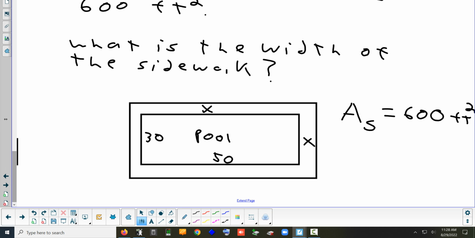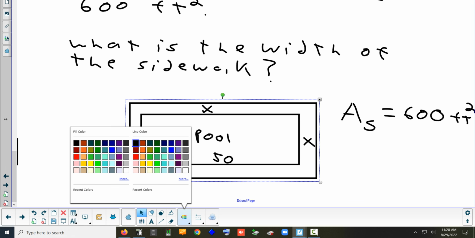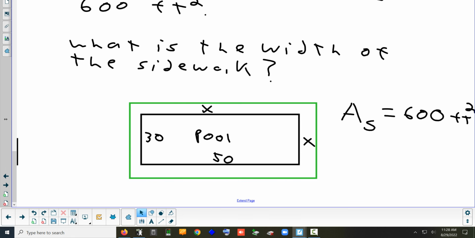All right, so does anyone have an idea how I could find the area of the sidewalk? And I want you to think about it in terms of two rectangles. We'll say the green rectangle and the black rectangle. What did the AS stand for? Area of sidewalk.